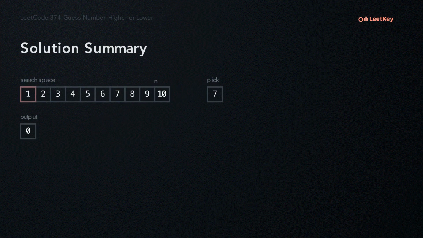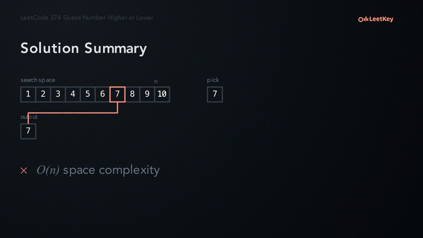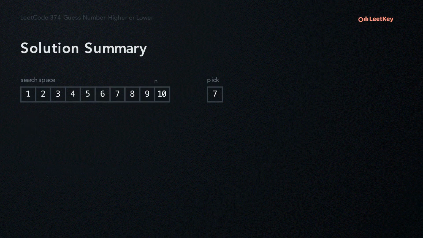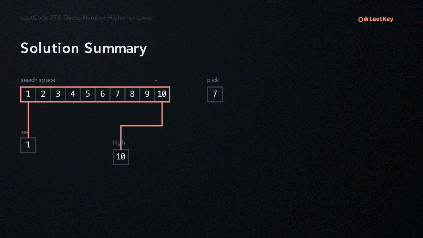You might be inclined to solve this problem by treating n as a list and iterating over each value until you find the correct answer. But this approach loops over the whole array in the worst case and half the array on average. A more optimal approach is to use two pointers to restrict the min and max search space.